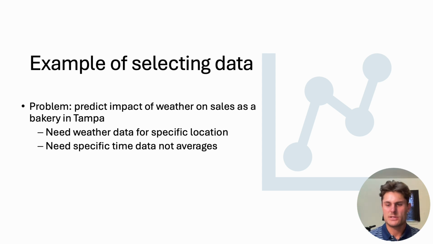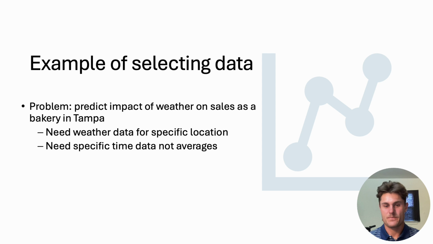An example of this: I used it for my discussion board when we had the IBM Cloud. There was a data set that looked at the impacts of weather and temperature and all those metrics on what was being sold within a bakery.